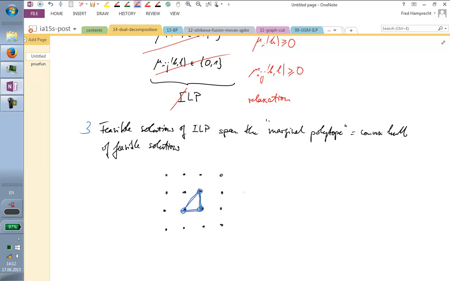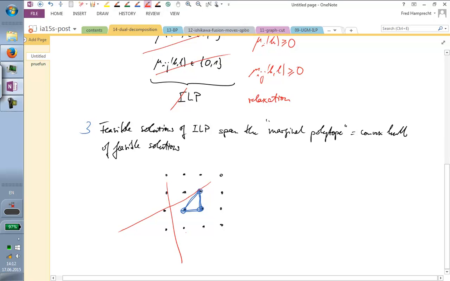Okay, so that was the marginal polytope, and now we can relax the constraints and obtain a larger solution space. Let's say, for example, remember that this is a very low-dimensional sketch of a high-dimensional phenomenon.